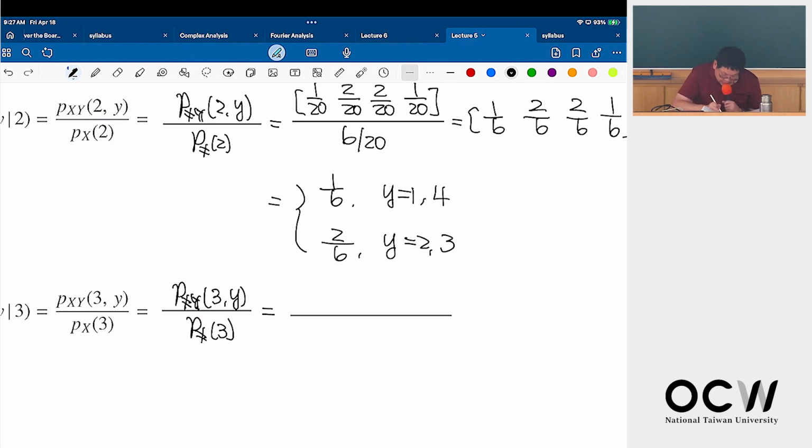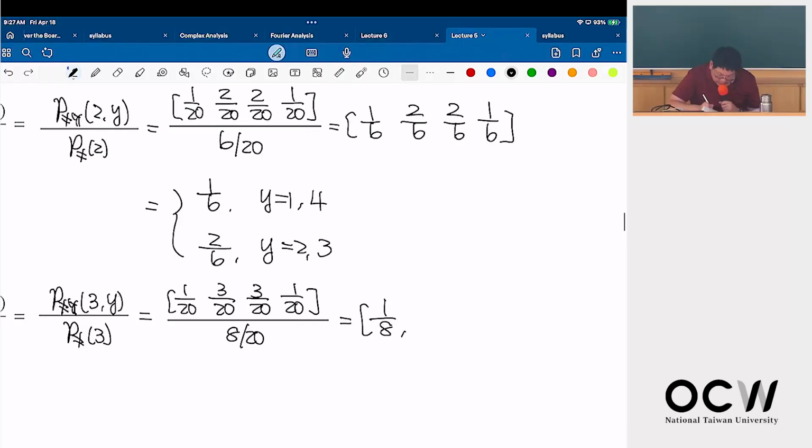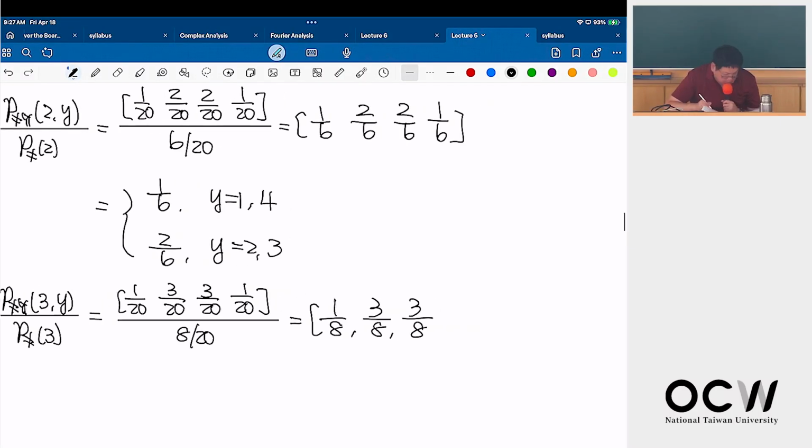So we have 1 over 20, 3 over 20, 3 over 20, and 1 over 20, over 8 over 20. You have 1/8, 3/8, 3 over 8, and 1 over 8.